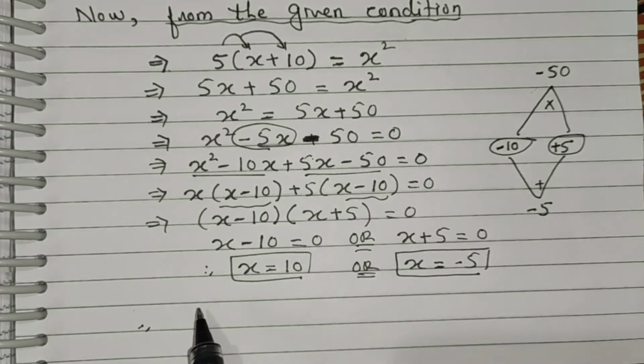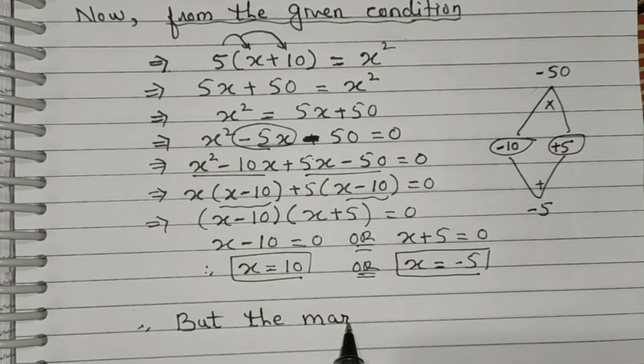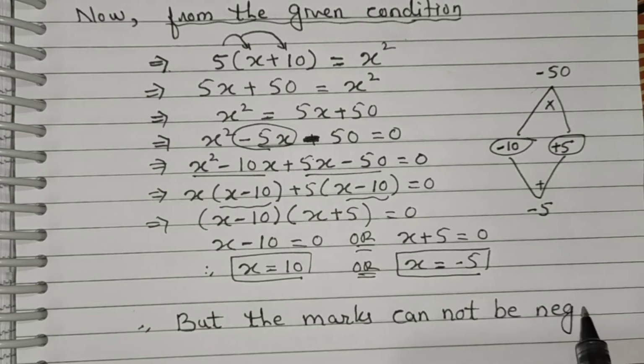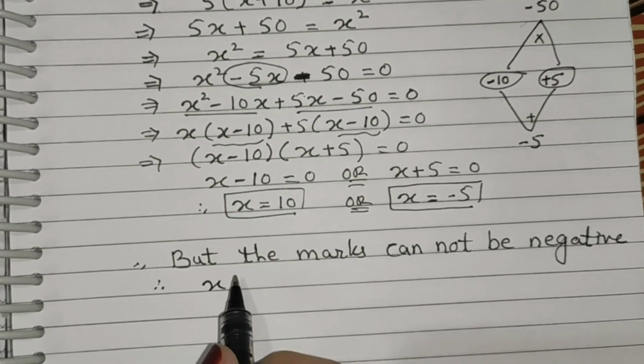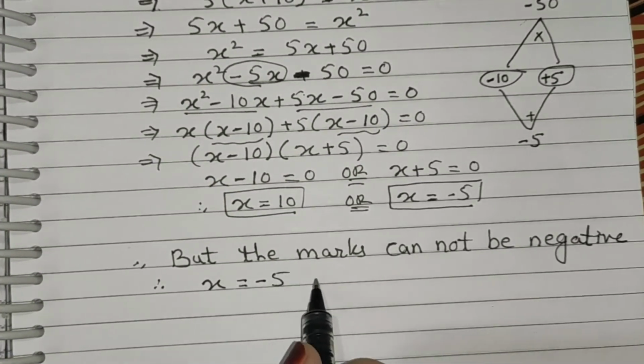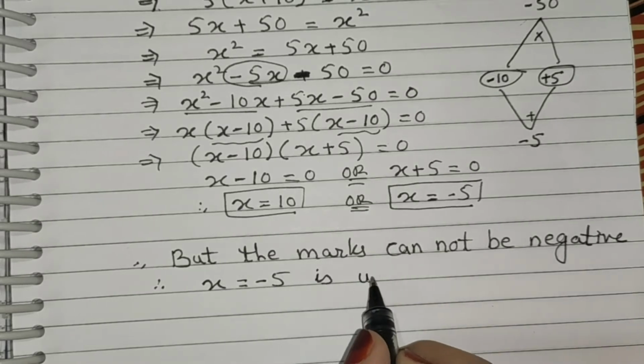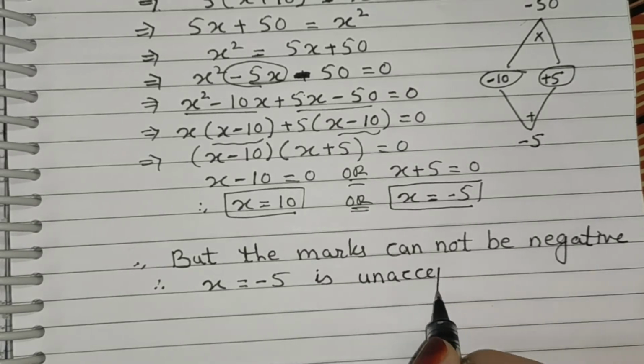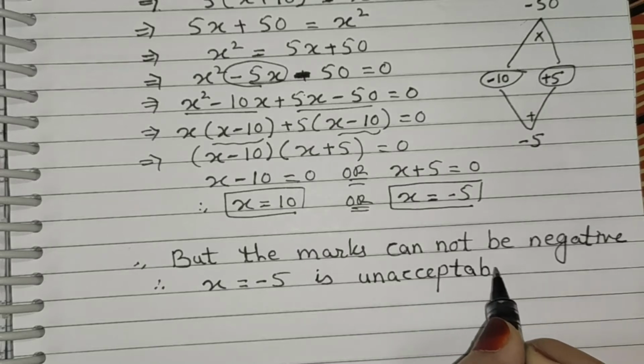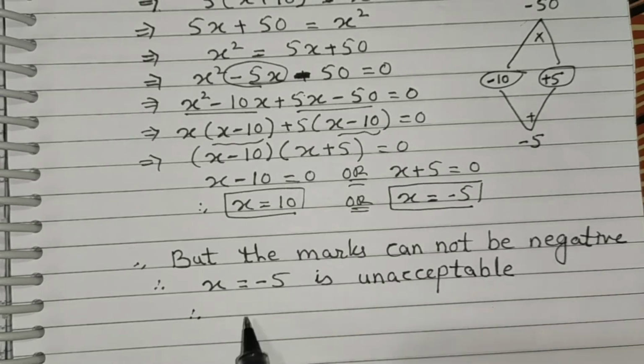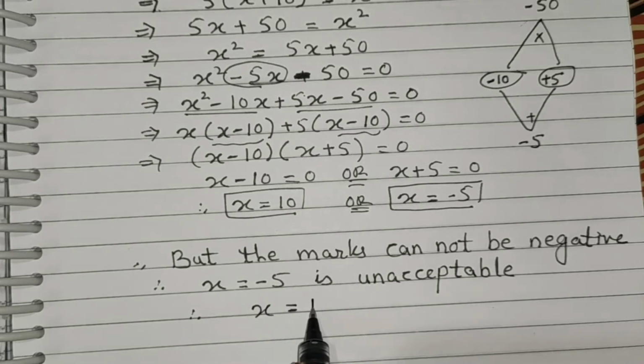Now but the marks cannot be negative. Therefore x is equal to minus 5 is unacceptable. Therefore the value of x is equal to 10.